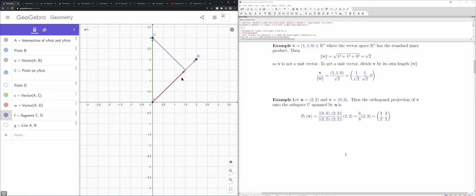The projection starts from the origin and goes in the direction of the head of the arrow. If I go in the opposite direction, I'm taking the negative of the projection. If I add the negative of the projection of v to the original v itself, I get this blue vector here. And this blue vector is in fact orthogonal to the subspace U. This is where the term orthogonal projection comes from.